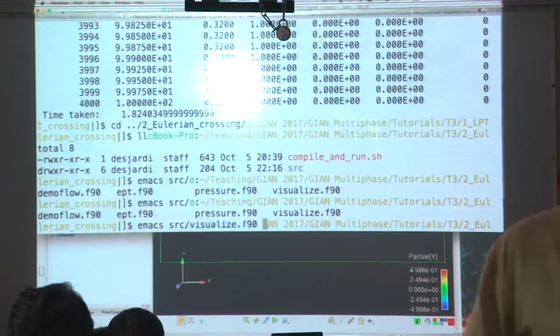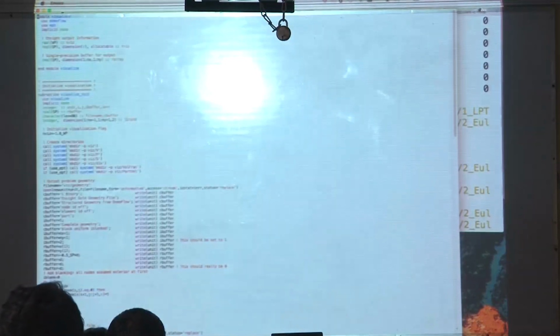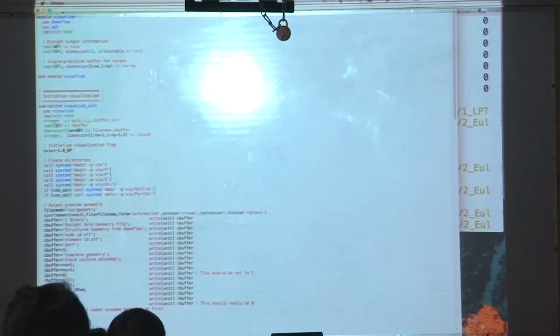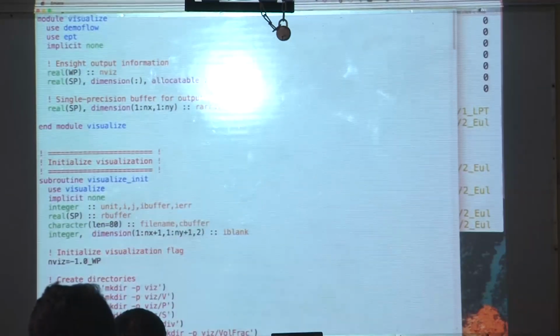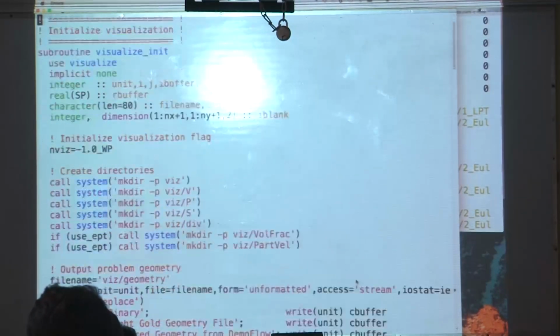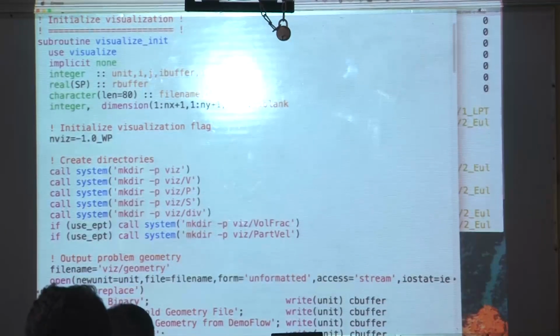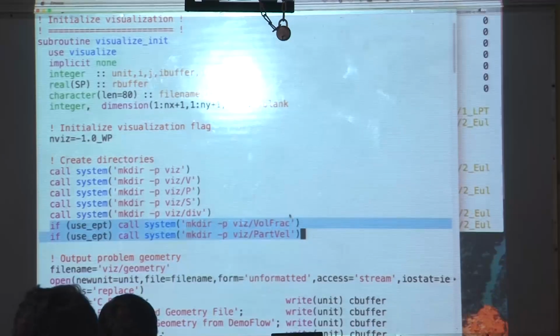So quickly, I'll show you. So in terms of visualization, I will add a few variables. Nothing too exciting, but I'm going to create two new directories for visualization. One will be called volfrac for volume fraction.